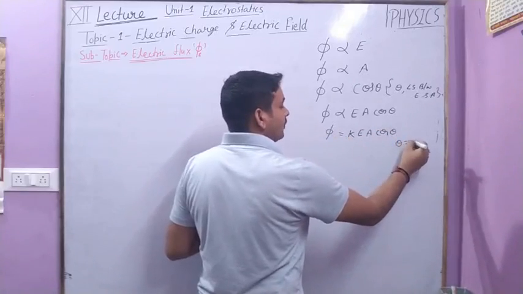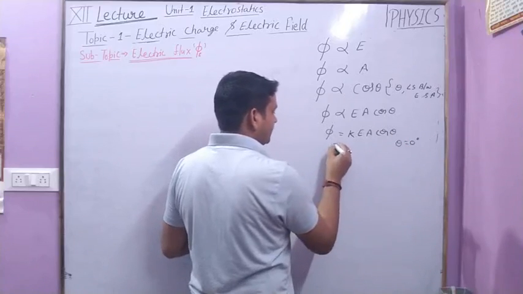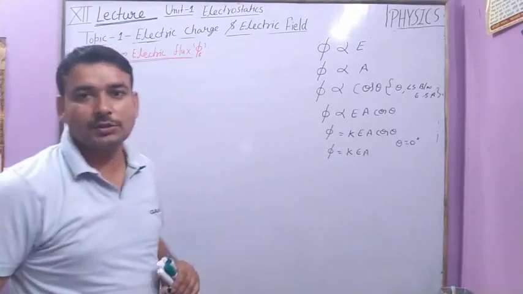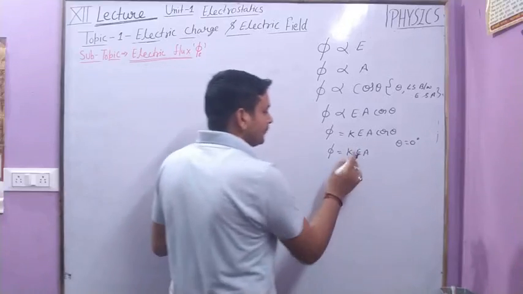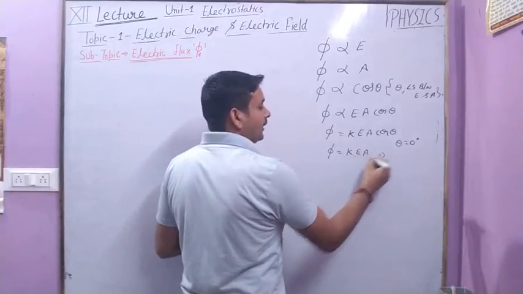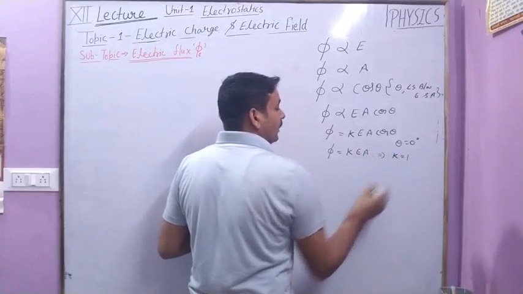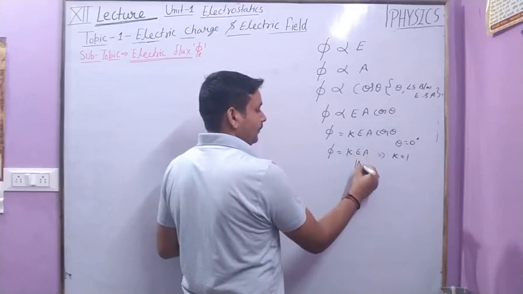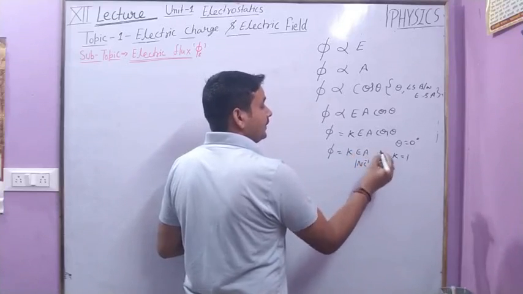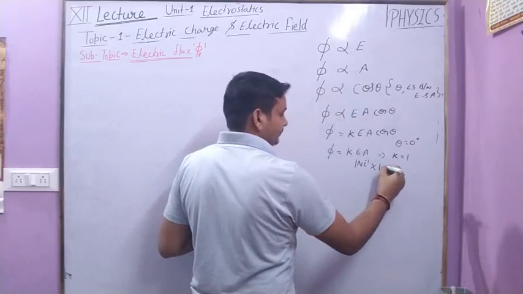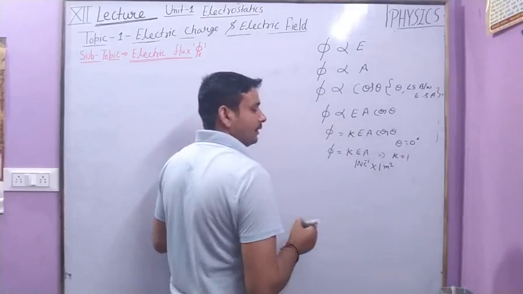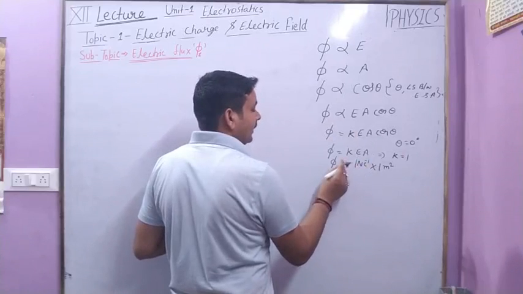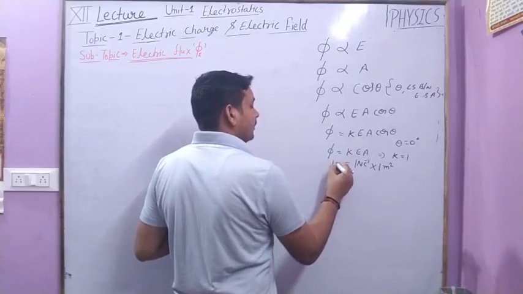For theta equal to 0 degrees, we get phi is equal to K EA, because cos 0 is 1. For calculating K, we can say that a unit electric field crossing a unit area of the surface gives a flux linked with the surface of 1 unit.